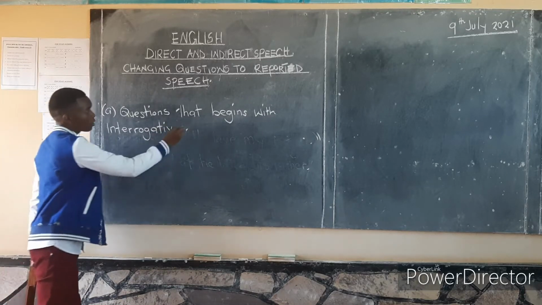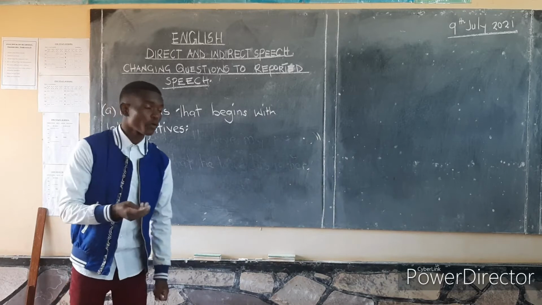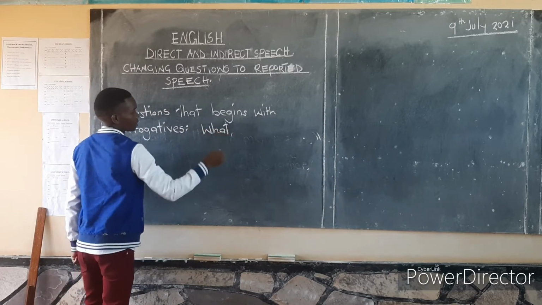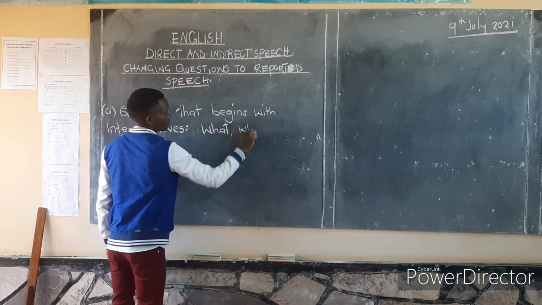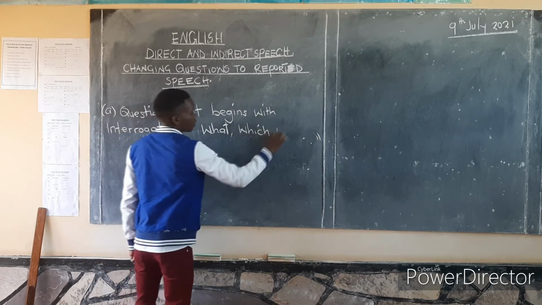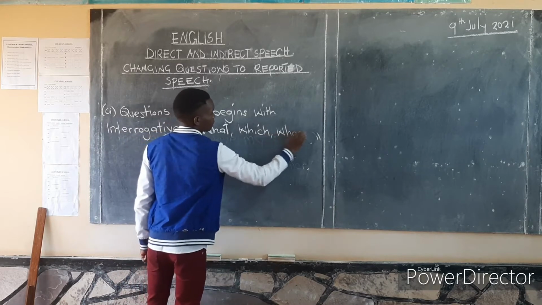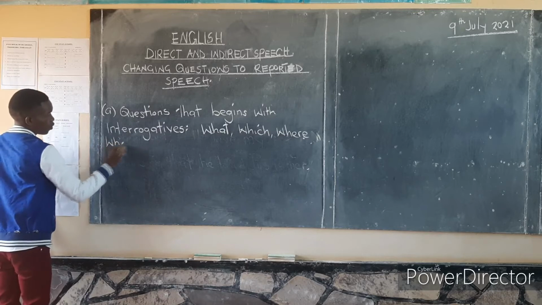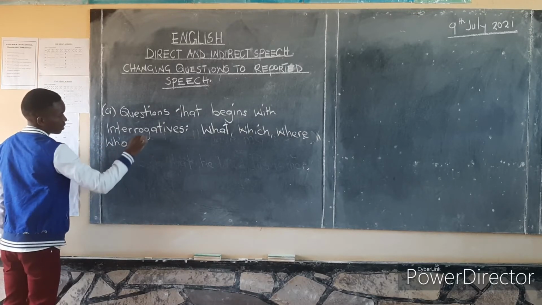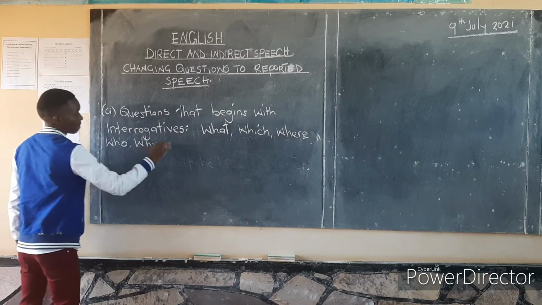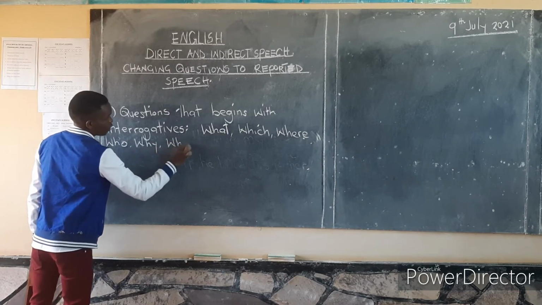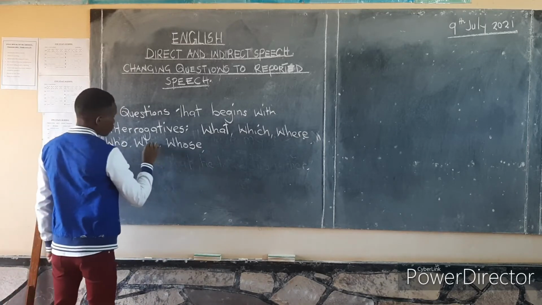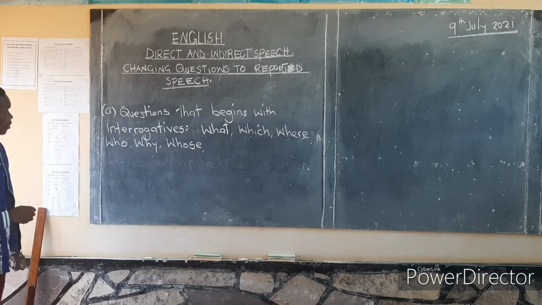When we talk of interrogatives, these are simply words such as what, which, where, who, why, whose, and so on.